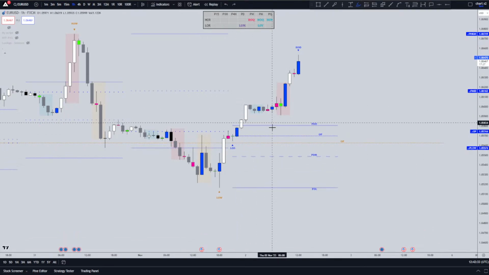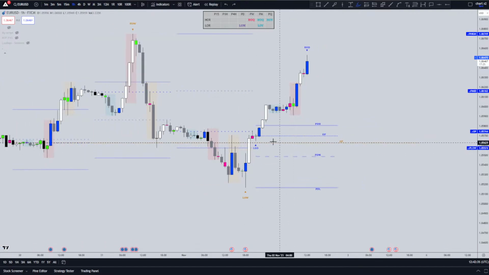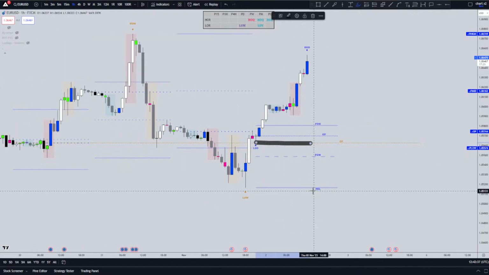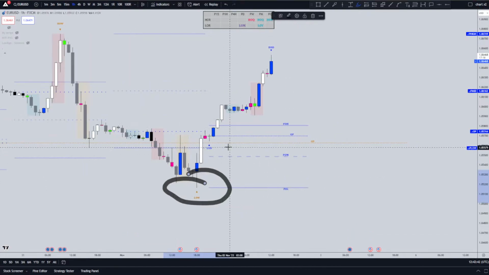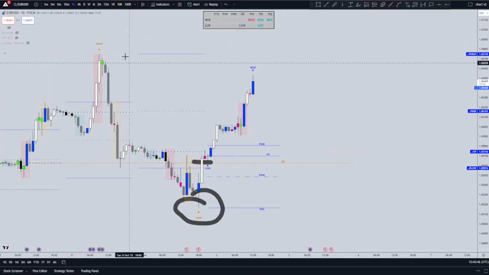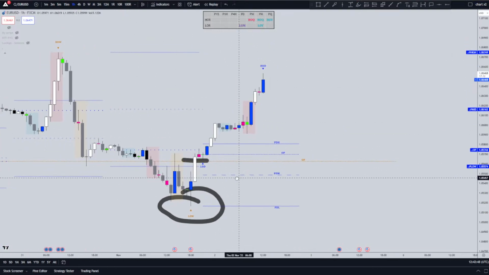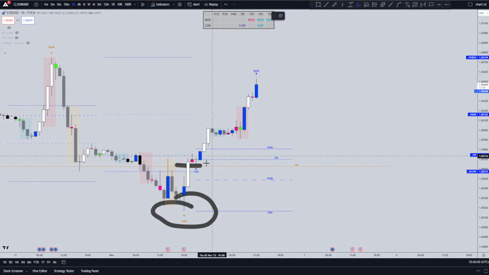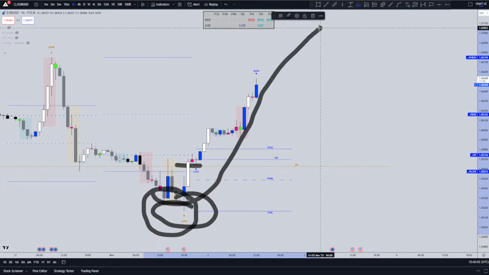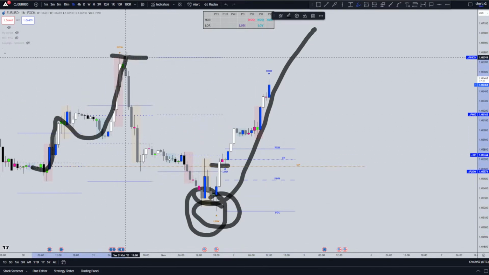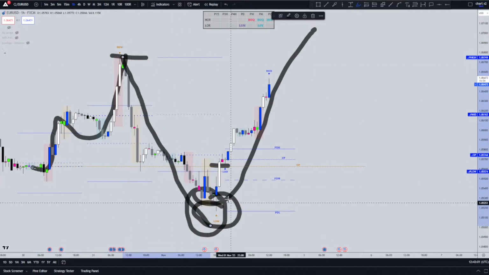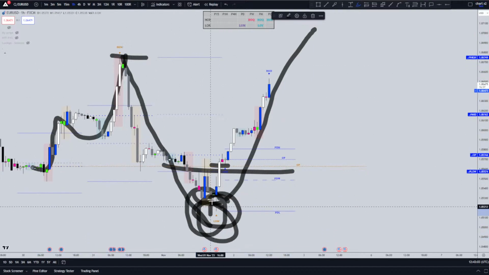Again, 1, 2, 3 stages. As we see, the weekly open price is holding, we have the low of the week in place, and we are above the weekly open price just by single candle ranges. What does it mean? It means we have a weekly range expansion, because Monday high of the week open put the high of the week, came down, put the low of the week, and the open is reclaimed.